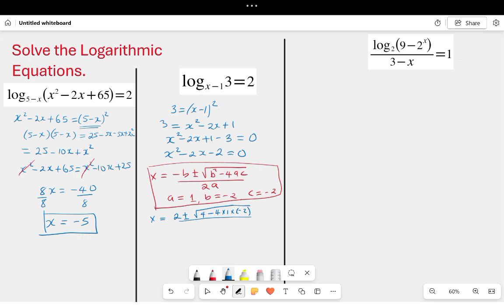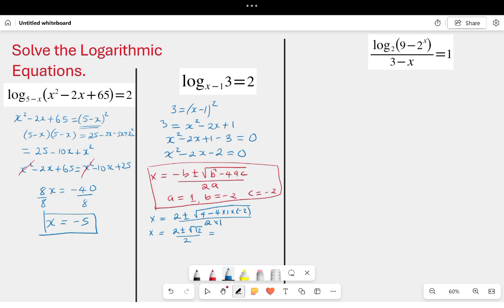Then divide by 2 times 1. Now, working out this, our answer is going to be x is equals to 2 plus or minus the square root of 12 divided by 2.